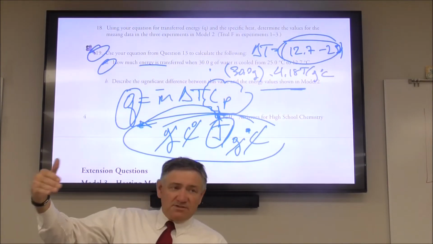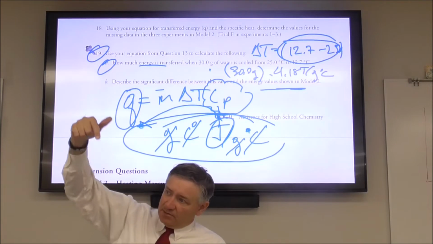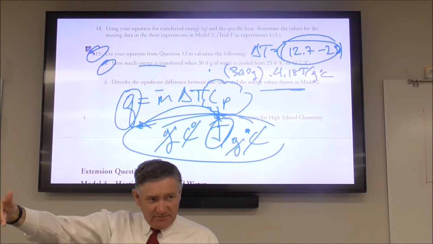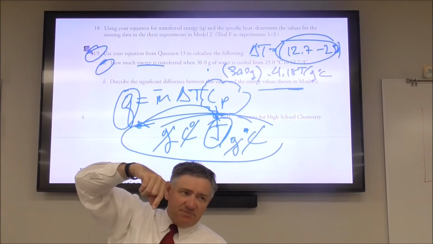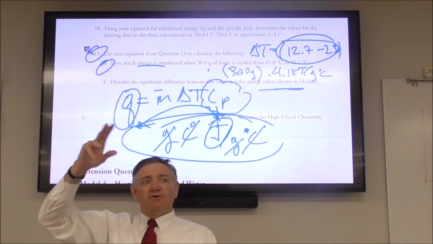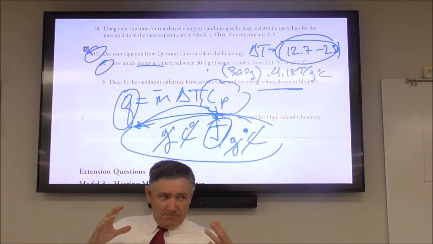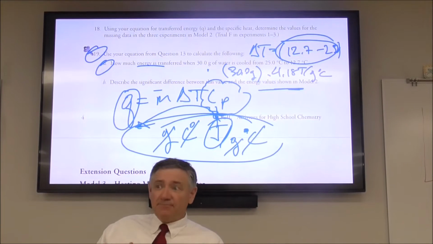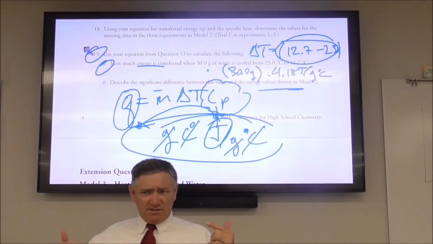The other difference is the value of the mass that's involved. This was 30 grams. If you look at what they did in the experiment, they used really small masses, like 2, 3, 4 grams. So we're dealing with such big values of mass, and also a bigger change in temperature.